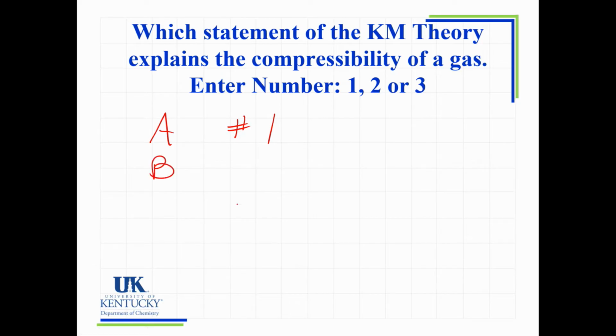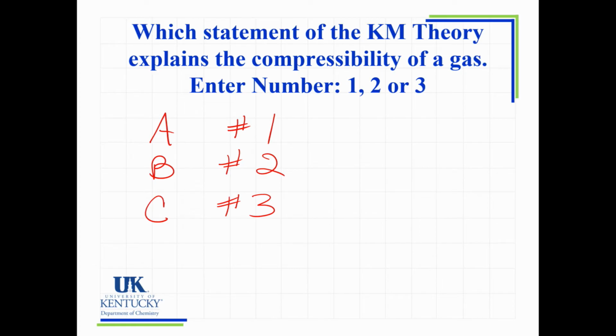Enter B if you think statement number 2 explains why they're compressible. And enter C if you think it's statement number 3 that defines why they would be compressible. Stop, think about it, look back at those statements, and then choose one.